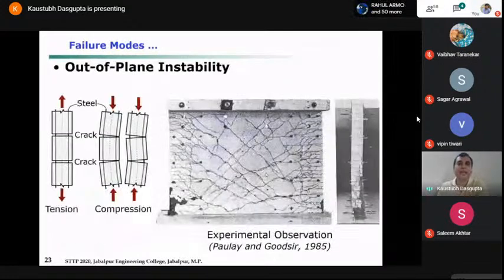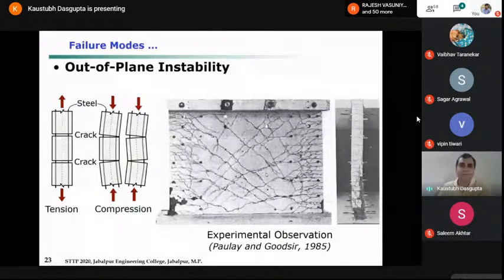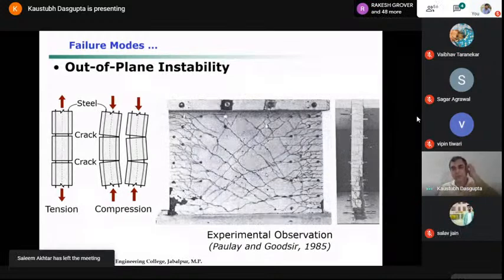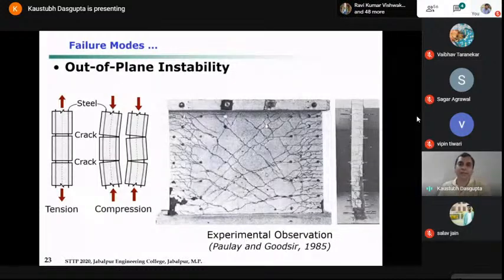Then you have out of plane instability. What is out of plane instability? If you have the thickness of the wall or thickness of the web very small, what will happen? You have large compression because you have a multi-story building. So from the top, large compression is coming. So towards the bottom, the compression may be so large that the wall may buckle in the out of plane direction.